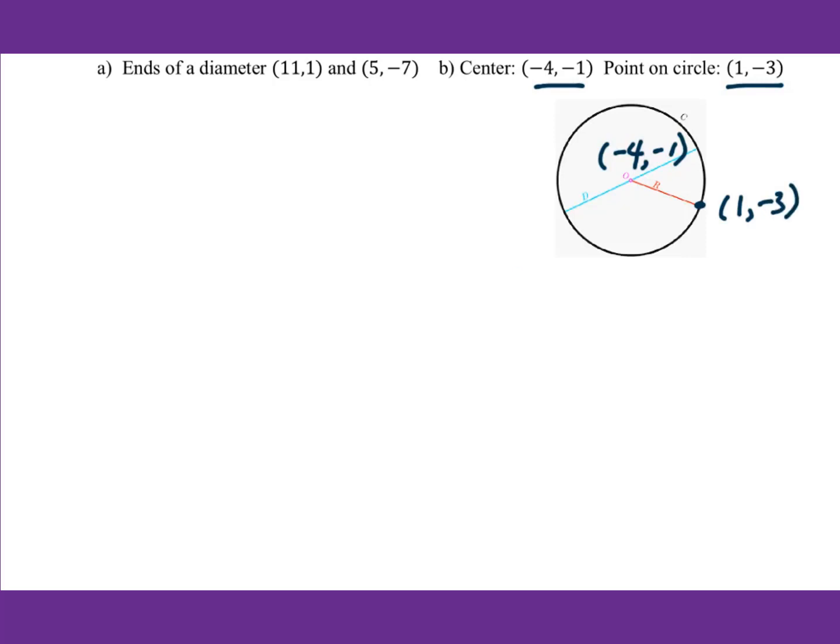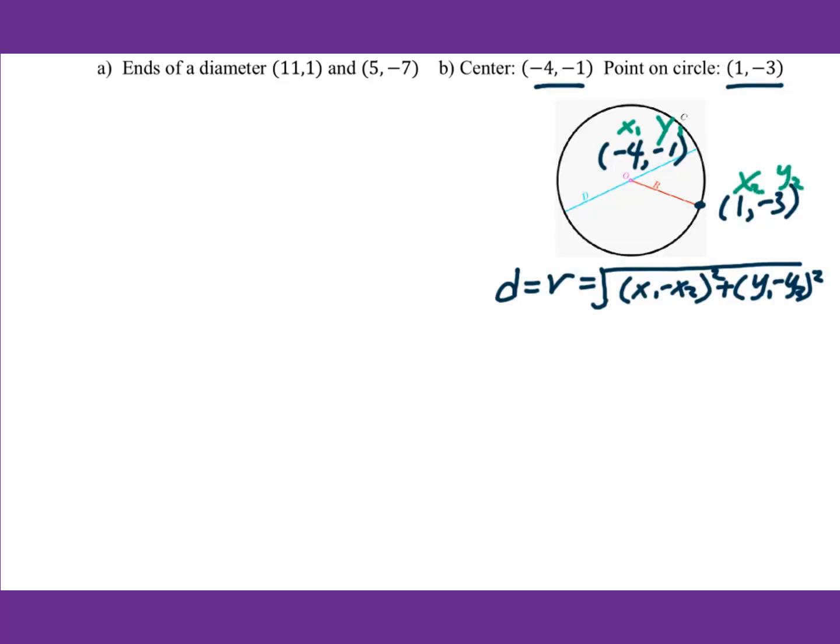You could say the distance will be the radius. It's the square root of (x1 minus x2) squared plus (y1 minus y2) squared. We label this is your x1, y1, x2, y2.